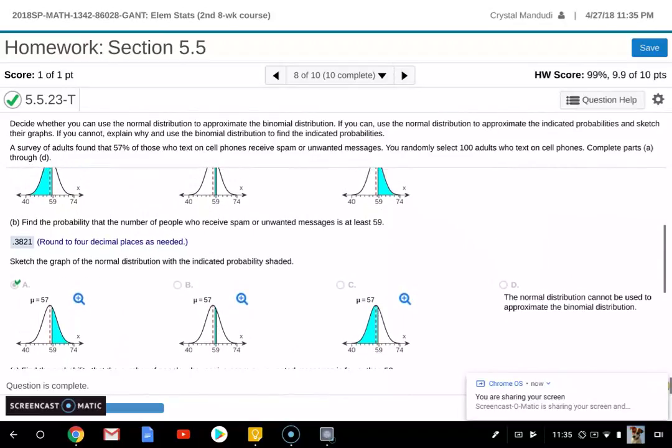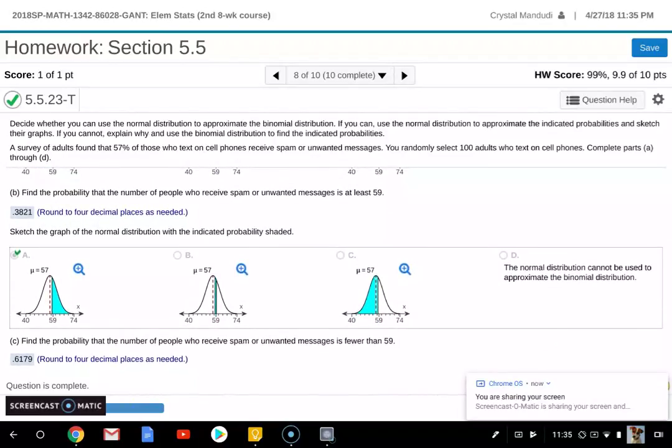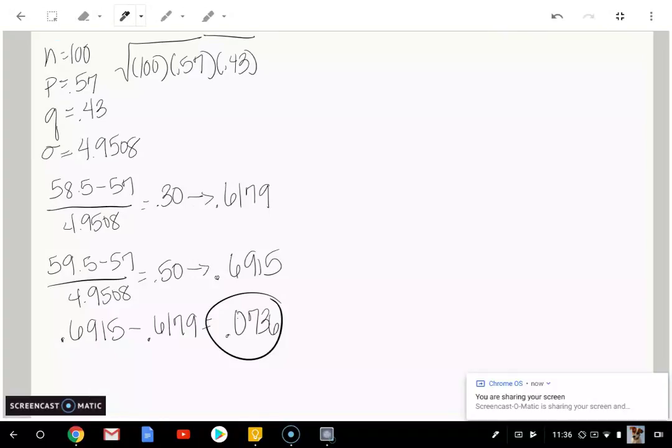And then for B, it says find the probability that the number of people who receive spam or unwanted messages is at least 59. At the end of this, you're going to have to subtract the percentile from 1, because at least 59 means you want the percentage that's on the right side of the distribution.